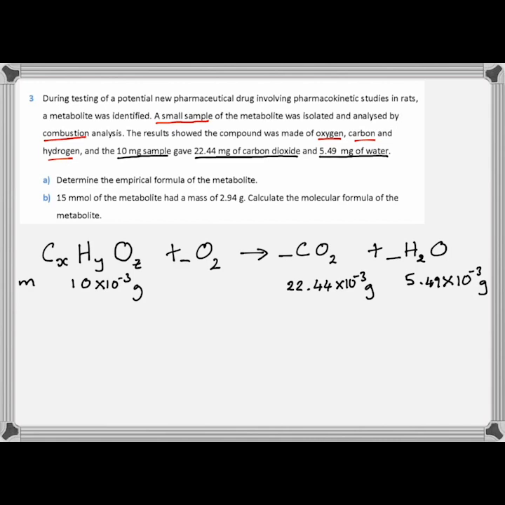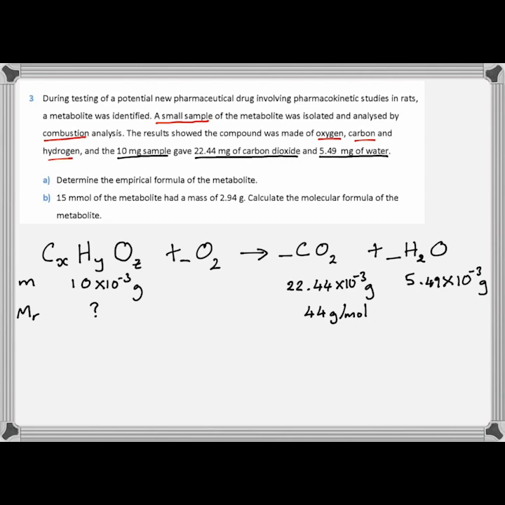So to work out the number of moles, we need to know the MR values. We obviously don't know the MR of this one, so that's still a question mark. The MR of carbon dioxide is the mass of 1 mole of carbon dioxide, which is just 44 grams. So if I had 1 mole of carbon dioxide, it would weigh 44 grams. I'm going to include units to make sure we can keep track of what the units of whatever we're calculating is.